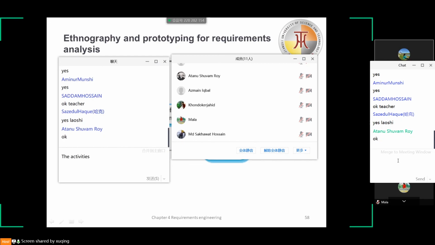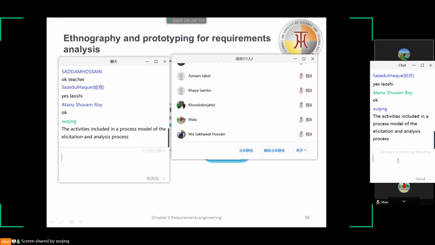The activities included in a process model of the elicitation and analysis process. Do you remember the four?